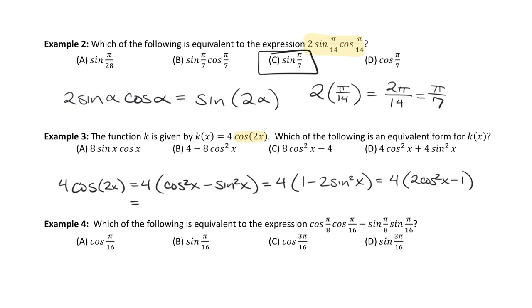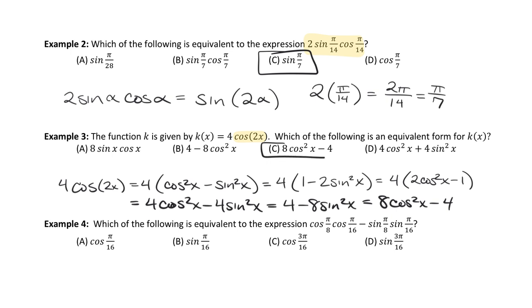Of course, all of these are multiplied by 4, so this would either be 4 times cosine squared of x minus 4 sine squared of x, or 4 minus 8 sine squared of x, or 8 cosine squared of x minus 4. And we're looking for one of those answer choices, which is C.